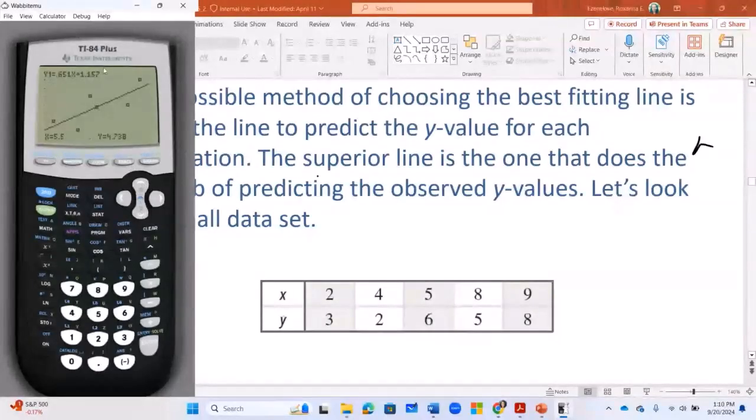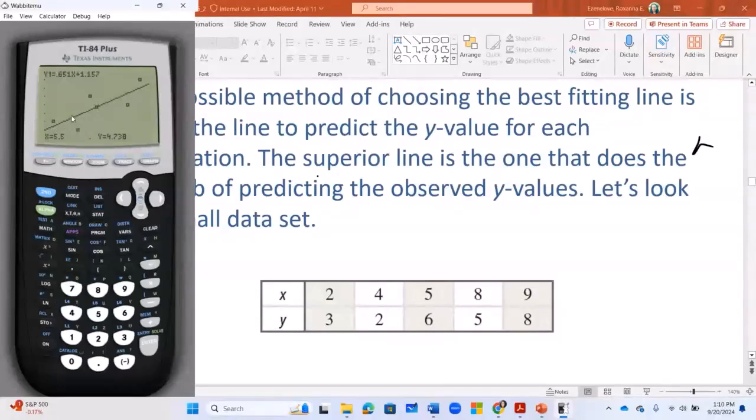So I can get that equation from here. Now I will be calculating the deviation from the point to the line. What is the distance? What is the deviation from the point to the line?